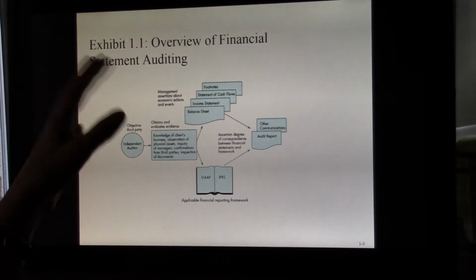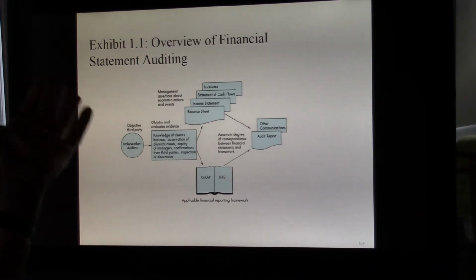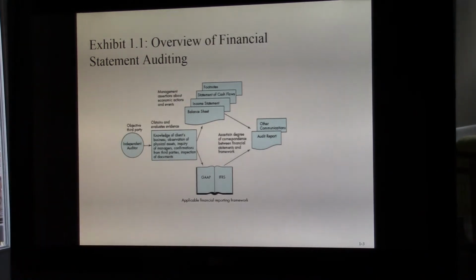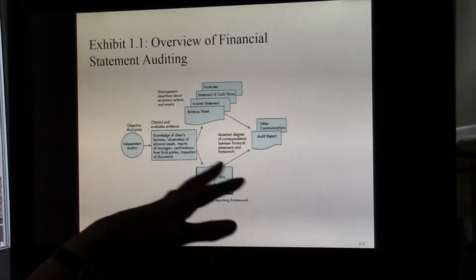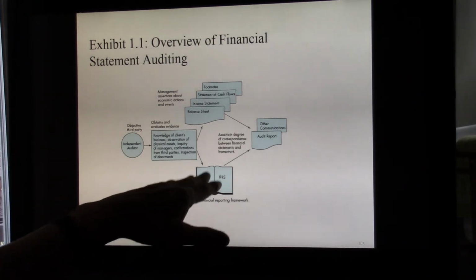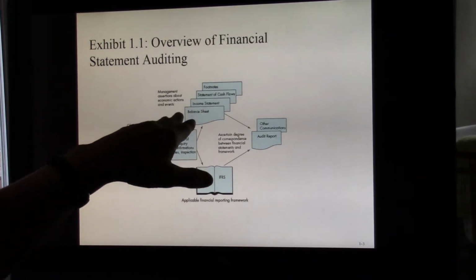Alright, so here's an overview of financial statement auditing. This is Exhibit 1.1 from your book. You might want to have your book out as we go through. But this is a pretty good idea of what auditors do and how financial statements come to be. So management makes assertions about actions and events.